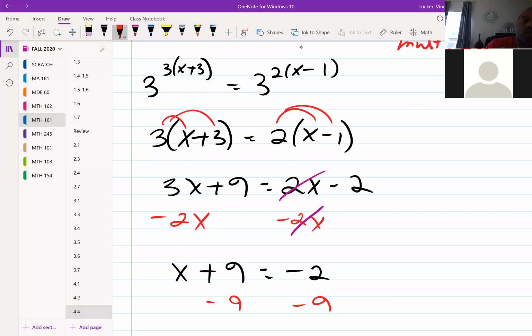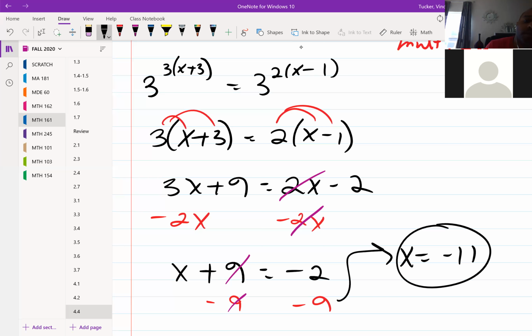Subtract 9. X is equal to negative 11. All right, questions.